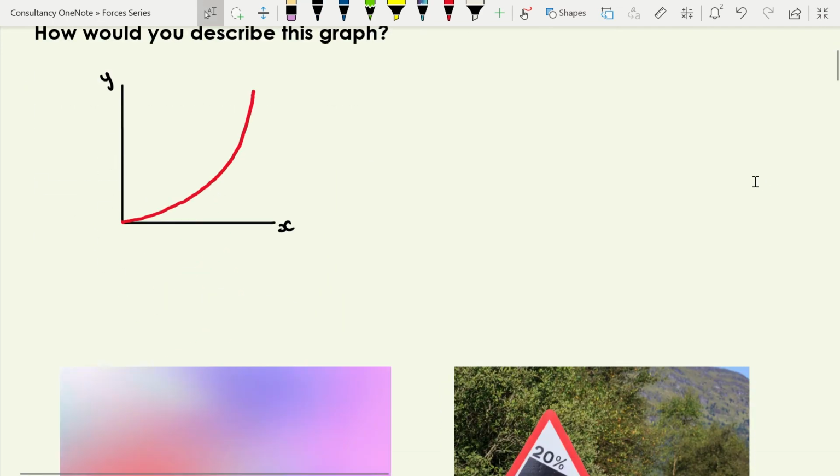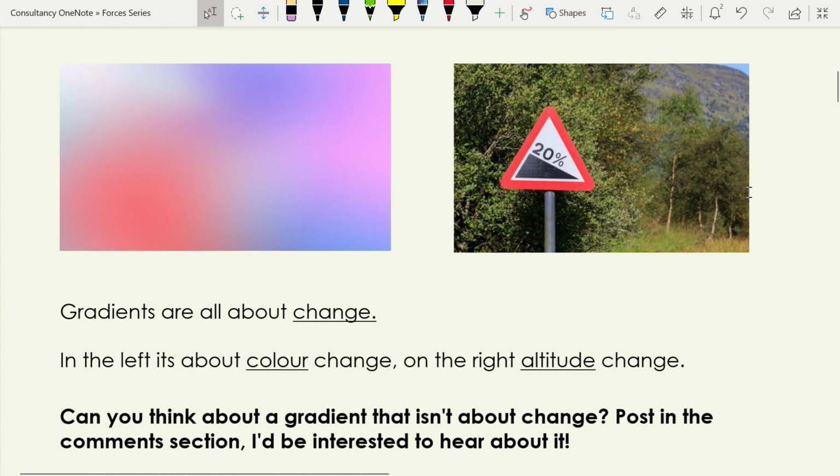So let's delve into, to start with, what a gradient is, and then we will have a look at how we describe it. So when we have the word gradient, it's all about change or difference, in the various contexts we come across it. So anyone who's done some kind of graphics design or tried to give themselves a background on PowerPoint will know that there is a setting called gradient.